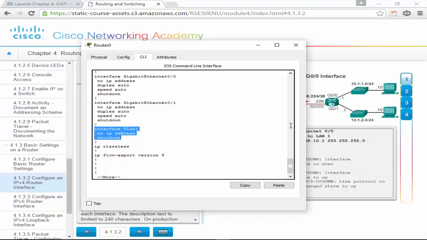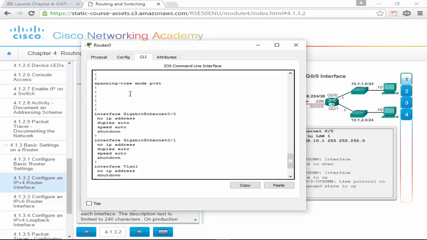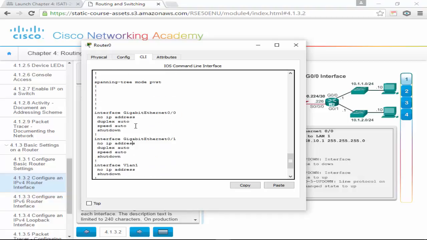It's not covered by CCNA, so we're not going to talk about this, but never program interface VLAN 1 in a router. That's only for switches, at least in this class. Now it shows us that we have 2 gigabit interfaces. We also notice by default they're shut down, their speed is set to auto, their duplex is set to auto, and they have no IP address.